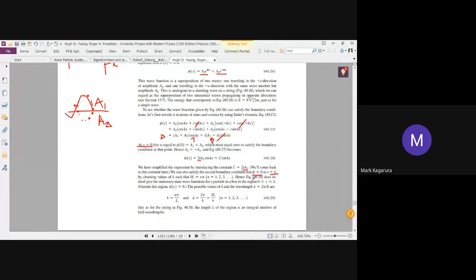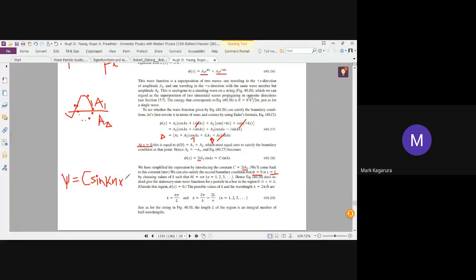Since the wave function is going to be equal to 0 at those points, we can have a general epsilon equal to C sin k_n x.